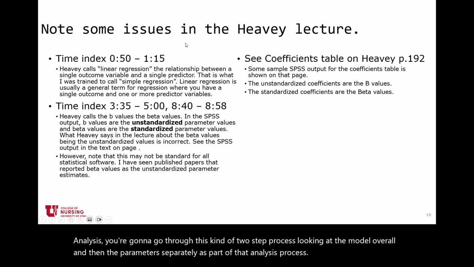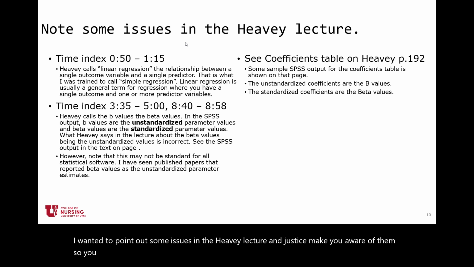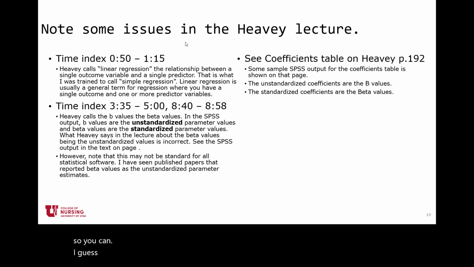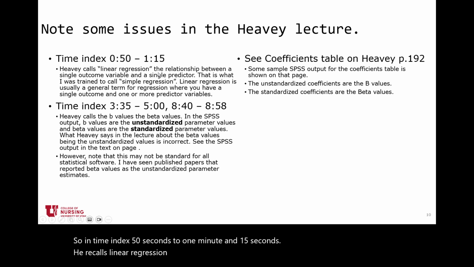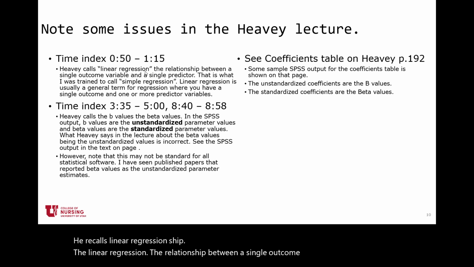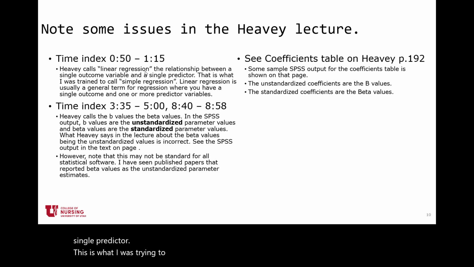I wanted to point out some issues in the Hevy lecture and just make you aware of them so you can, I guess, ignore or take with a grain of salt what is said at these points in the lecture. So in time index 50 seconds to 1 minute and 15 seconds, Hevy calls the linear regression the relationship between a single outcome variable and a single predictor. This is what I was trained to call a simple regression.